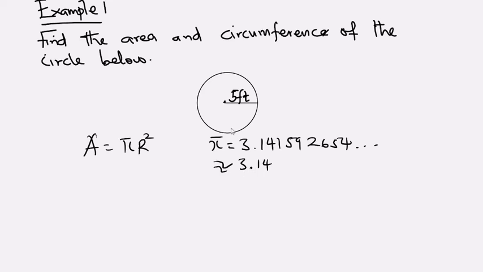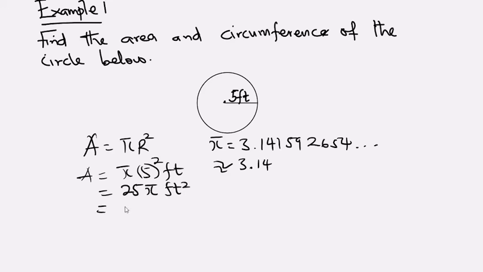Now, let's get back to the question. We are to find the area, and we have been given the formula as pi r squared. So by substitution, our r is 5 feet, so we have 5 squared. Now 5 squared is equal to 25, so 25 pi square feet because it's area.